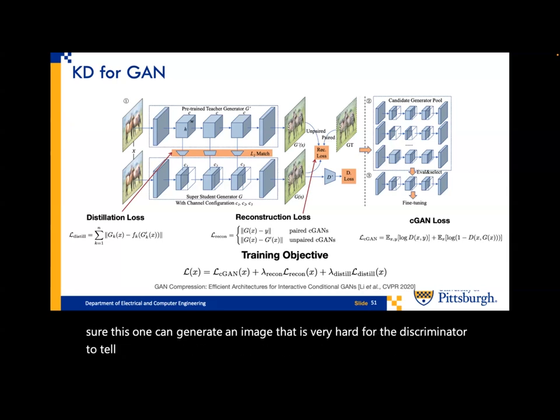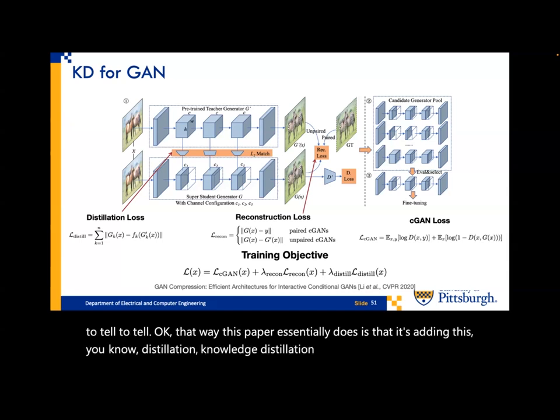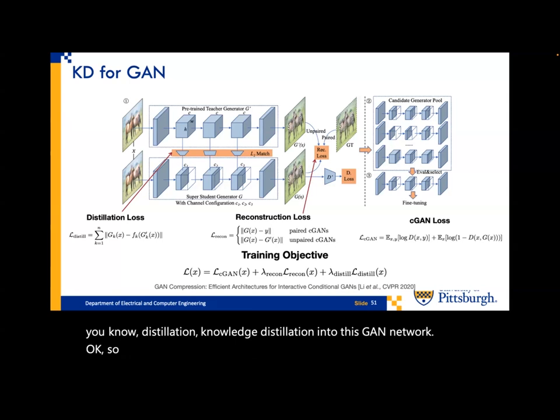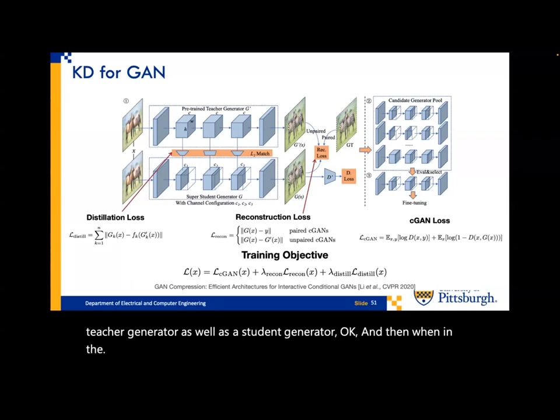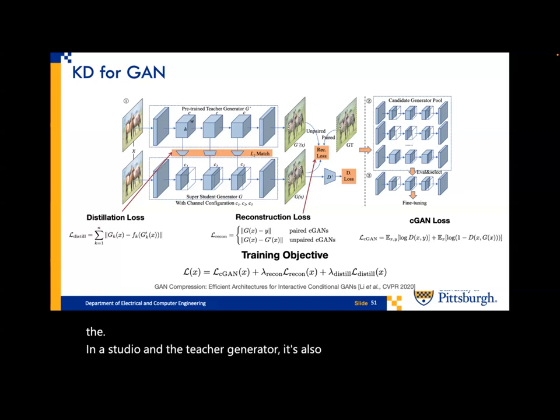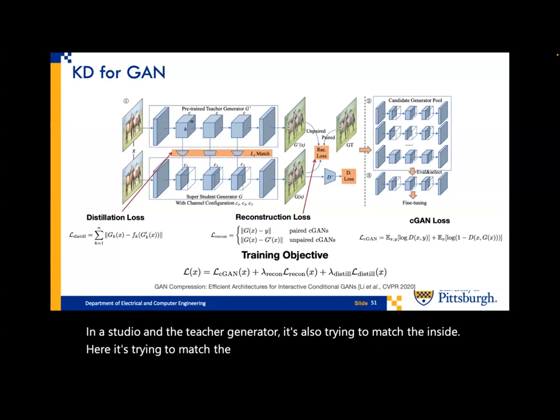Then what this paper essentially does is add knowledge distillation into this GAN network. In the generating process, it has a student generator as well as a teacher generator. In the student and the teacher generator, it's also trying to match the inside feature maps using the L2 loss function. So that's one step.